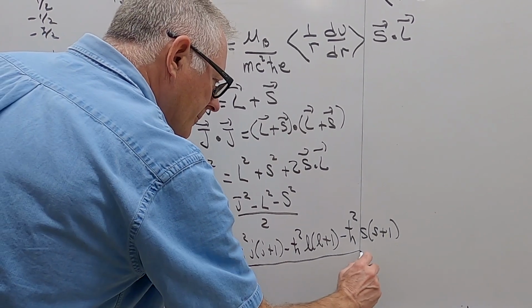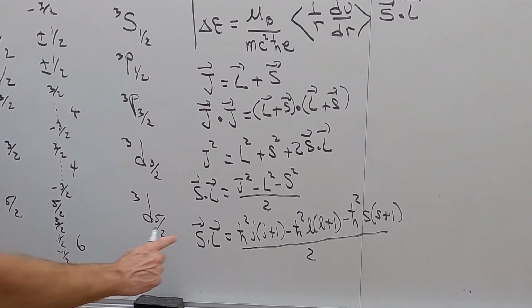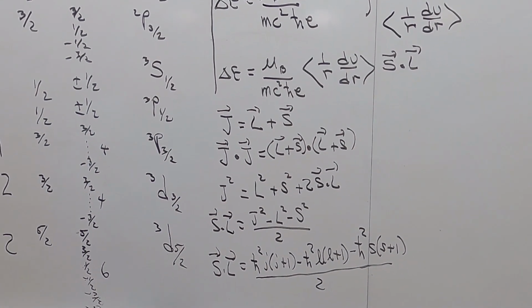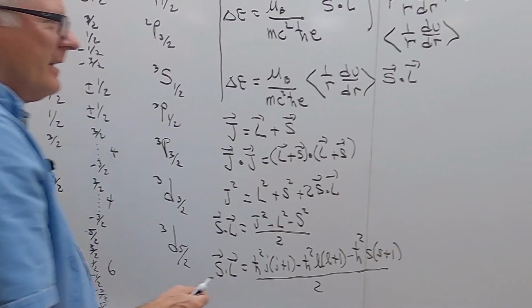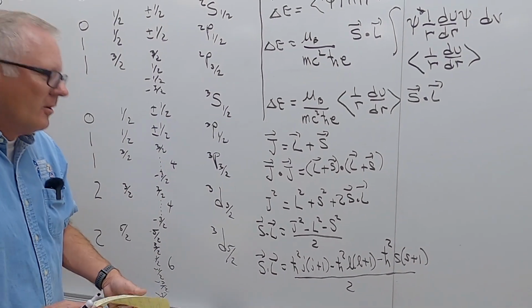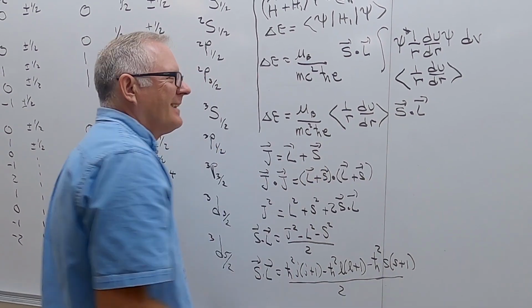So I do know what that term is, right here. We'll plug in, we know what S is, that's 1/2. It looks like I could pull out the H bar squared and cancel with one of these, but we'll wait a second. Now let me calculate what this is.